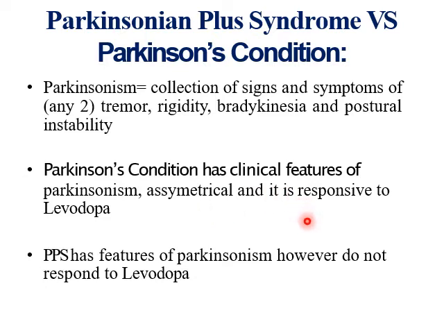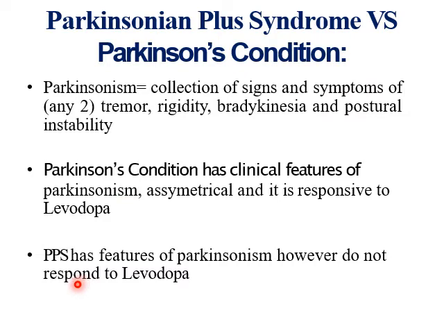Additionally, people with idiopathic Parkinson's will show good response to levodopa medications. There will be a period of what we call the honeymoon period in the early stage of the condition when the levodopa medications may remove nearly all the features of the Parkinsonism.